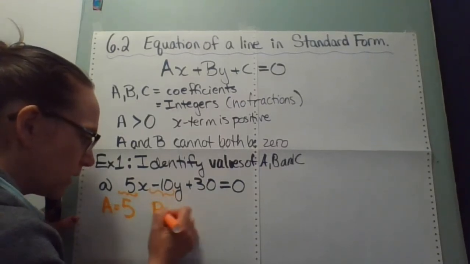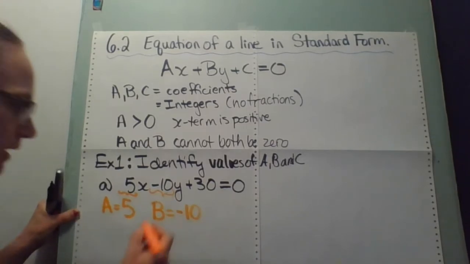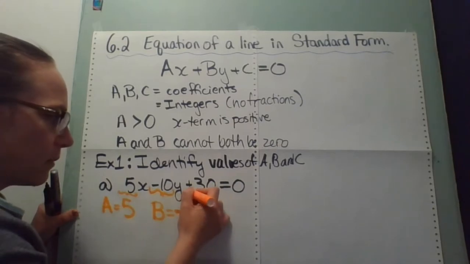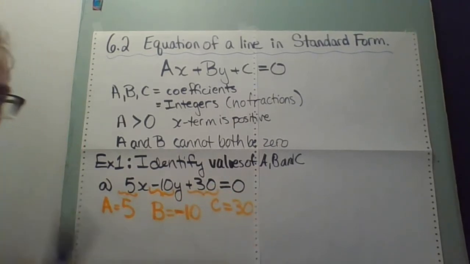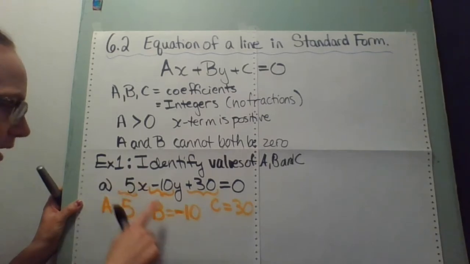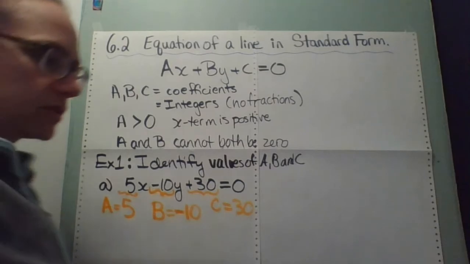So B is negative 10. Okay, that negative is involved. And then my C is the 30. Okay, so alphabetical as it goes across. A is the number attached to my x. B is the number attached to my y, and C is the number that doesn't have any letters at all.